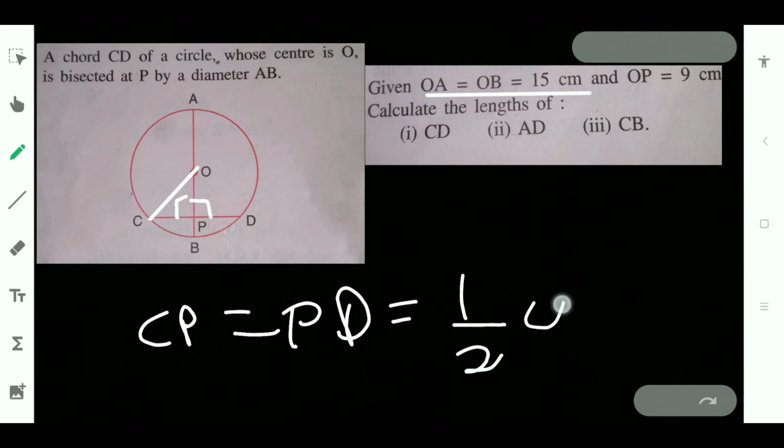OP we know that it is 9 centimeters, and we are looking for CD. For that we have the information that CD is bisected at P, so CP will be equal to PD. This is nothing but half of CD. Just remember this. Let us make it equation number 1.